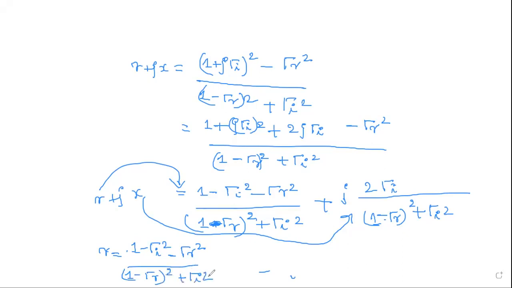This is the real part, whereas for the imaginary part, X is equal to 2 times gamma I divided by (1 minus gamma R) whole square plus gamma I square. So this is how you get the resistance as well as the reactance value.